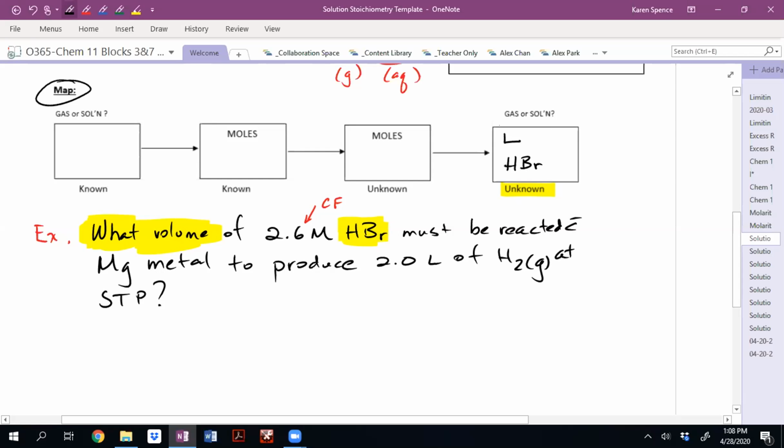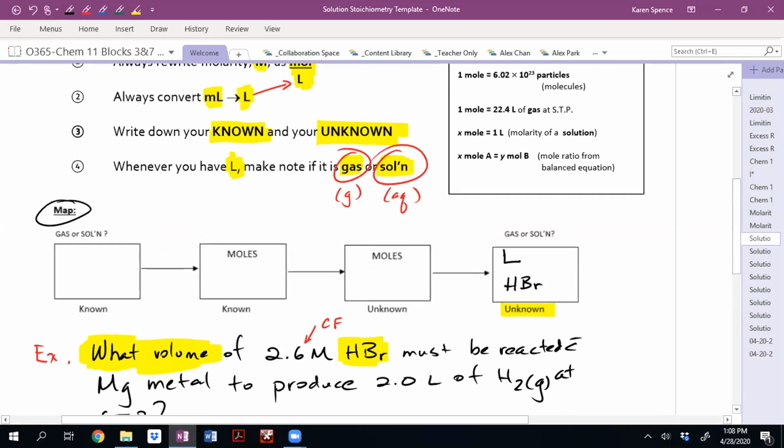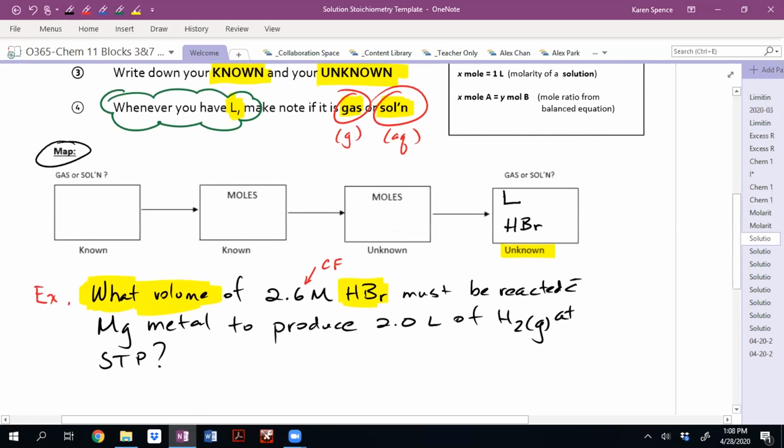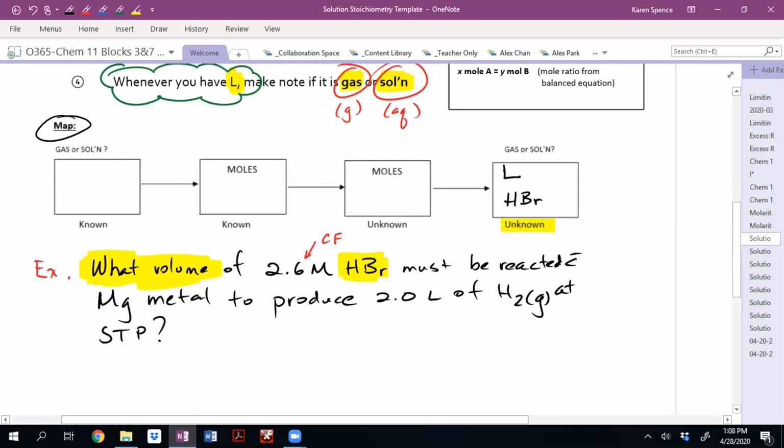Do you remember I said that whenever you have liters, you're going to make a note if it is a gas or a solution, aqueous? Do we have a gas or a solution here for our HBr?